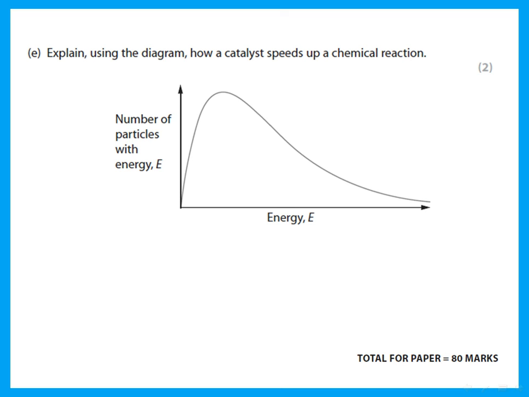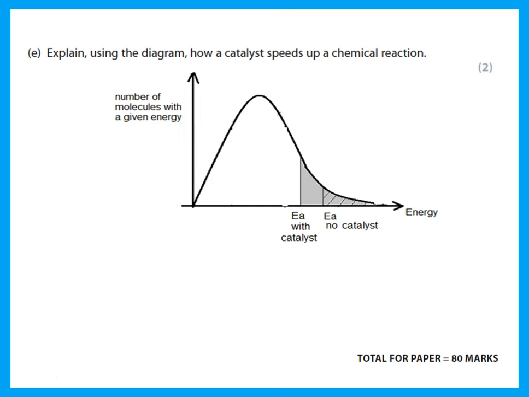Then he has what we call the Maxwell-Boltzmann distribution curve, and he says explain using the diagram how a catalyst speeds up a chemical reaction. Remember, we said if we're talking about a catalyst, then what is happening is the catalyst lowers the energy of activation. So now we have more molecules with energy higher than energy of activation.